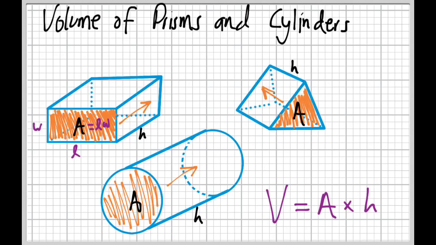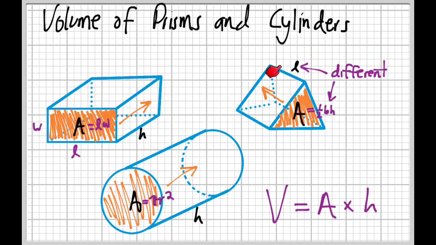So, for example, this rectangle would be length times width. We'll go through each shape. The area of the circle would be pi r squared. Area of a triangle is 1/2 base times height. Pretty easy stuff. For the volume, we need to remember that this h is different than that h. We might relabel it as length.